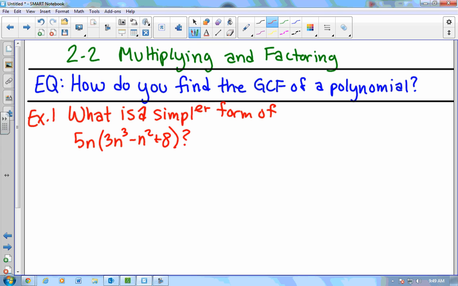Sorry, I kind of wrote uphill. Simpler form of 5n times the quantity 3n cubed minus n squared plus 8?